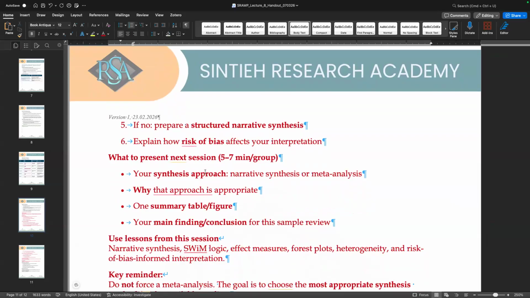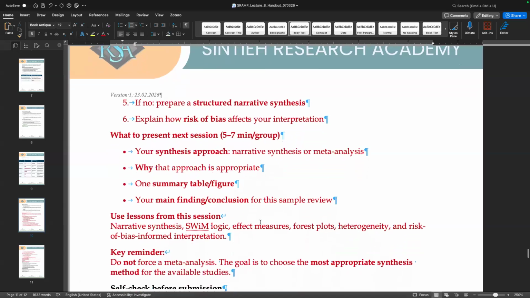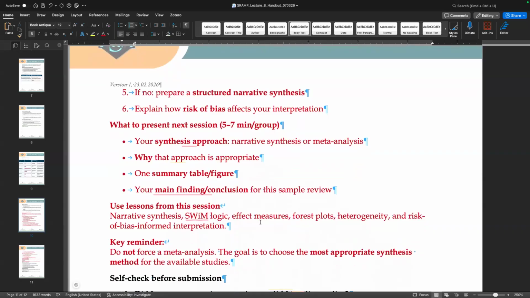Use lessons from the course: narrative synthesis, study logic, effect measure, forest plot, heterogeneity, and risk of bias to inform interpretation. And a key reminder: you are not forced to do a meta-analysis. The goal is to choose the most appropriate synthesis method for the available studies.